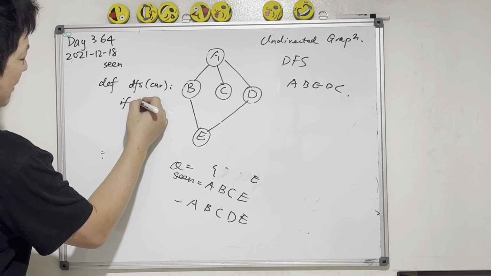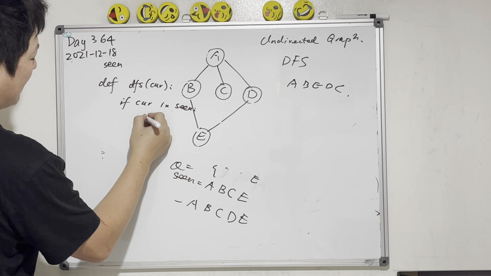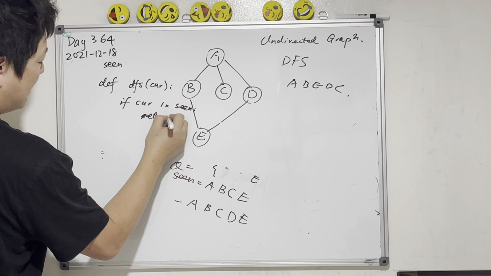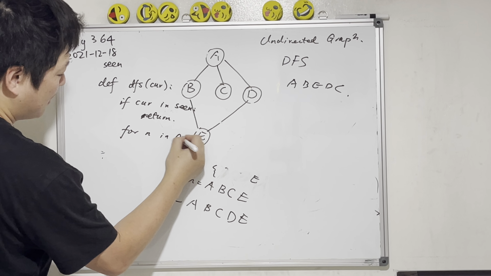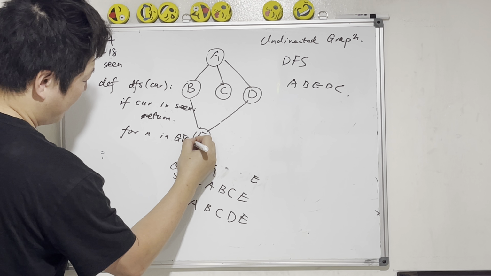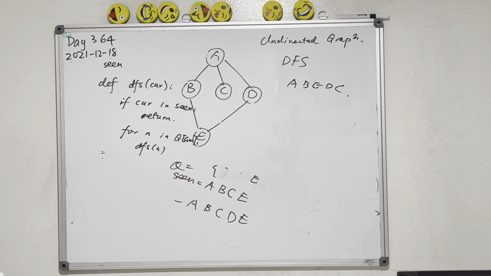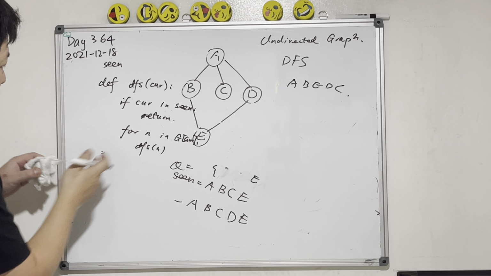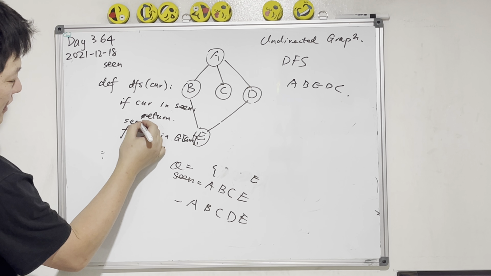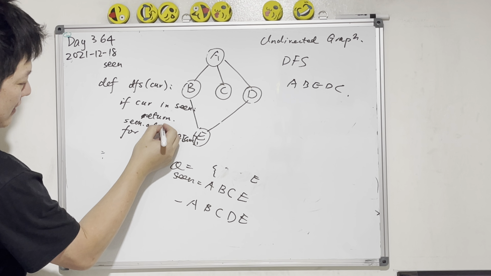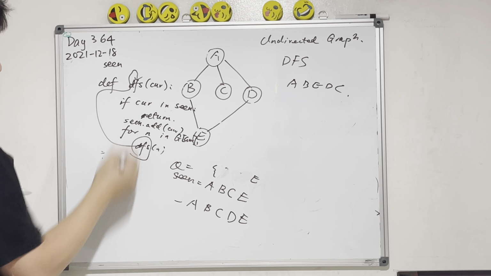If current is in seen, we just return. Otherwise, we add current to seen.